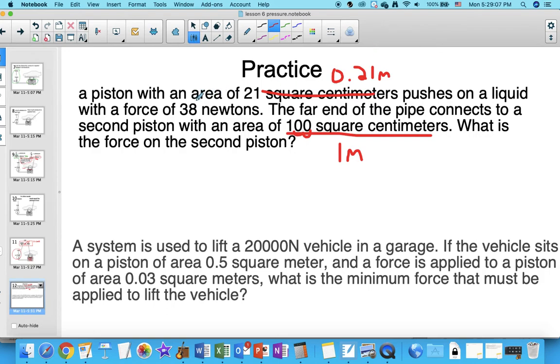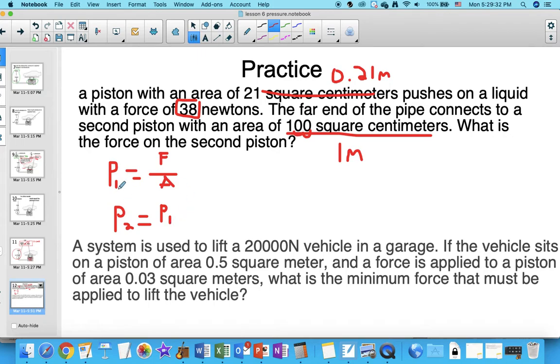We have the amount of force we put in. How much force is felt by the second piston? We know P1 equals force divided by area, and P2 must also equal P1.